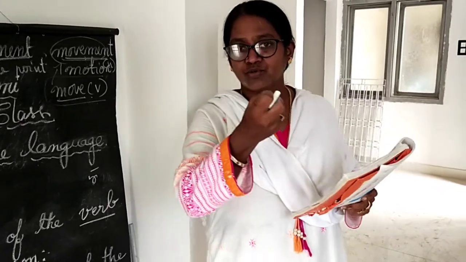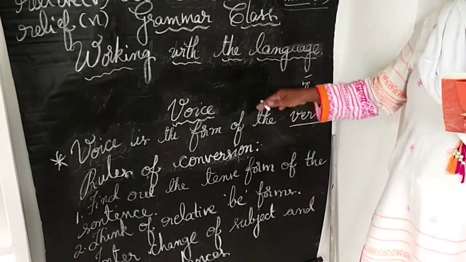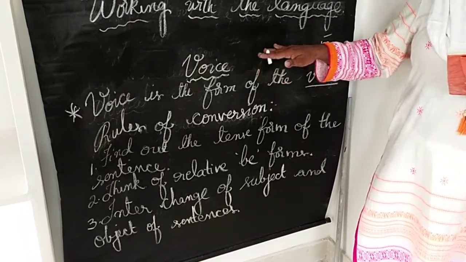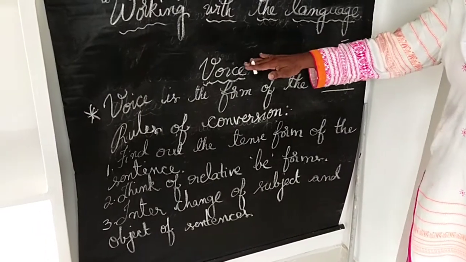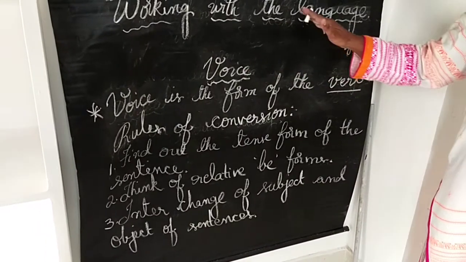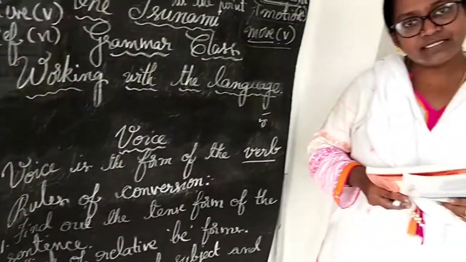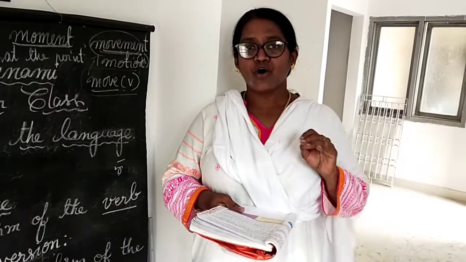Subject is the doer, object is the receiver, and verb is the action. The verb is directly or indirectly causing an effect on the object. So any sensible sentence consists of 3 parts: subject, verb and object.